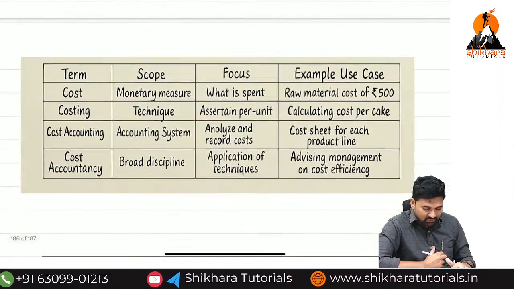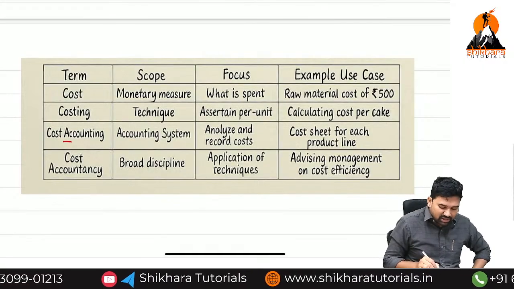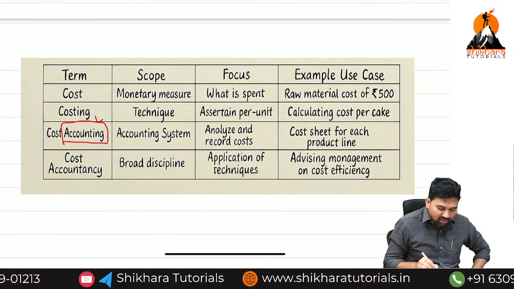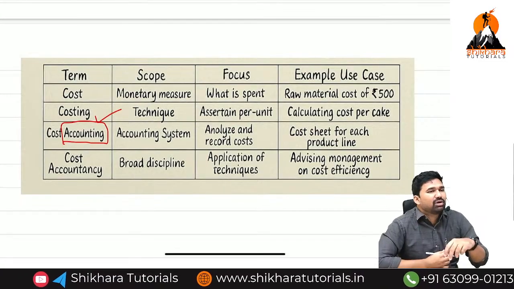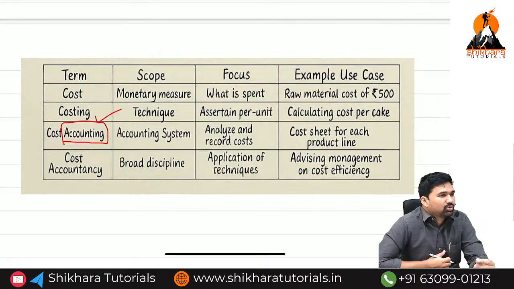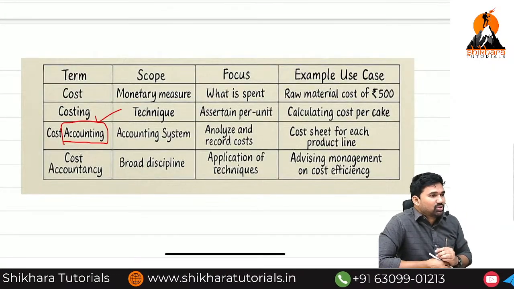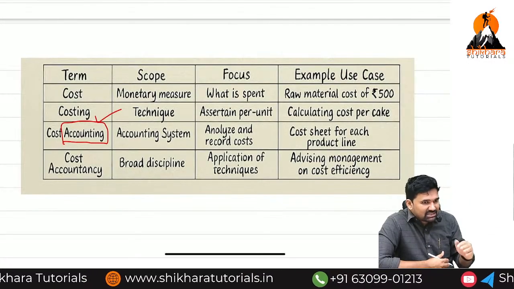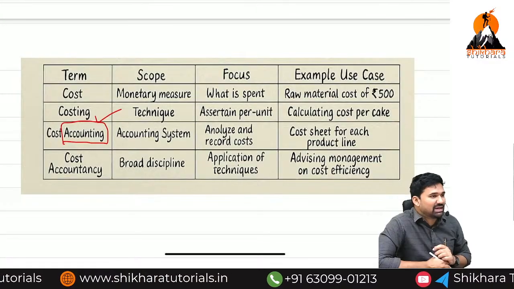Okay, next one, cost accounting. Cost accounting is not a big thing. Why? Because you already know about financial accounting. In accounting, you record the transactions in the journal, classify the transactions in the ledger, summarize in the trial balance and all.